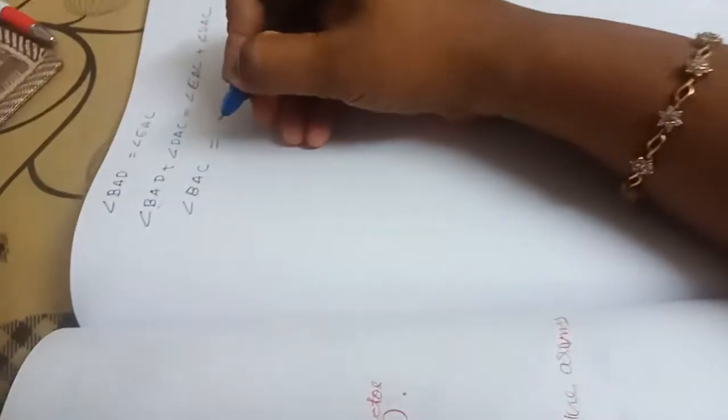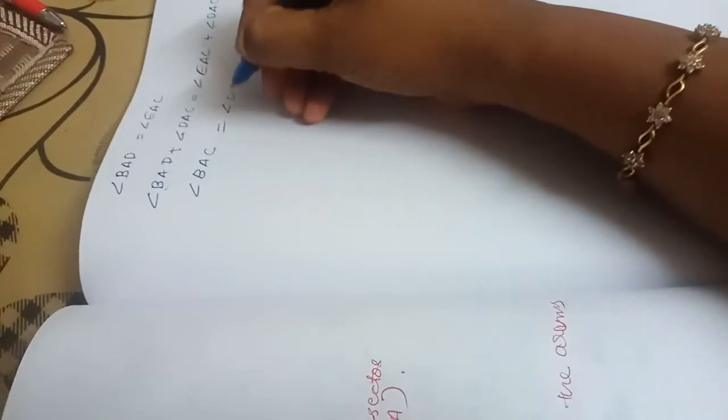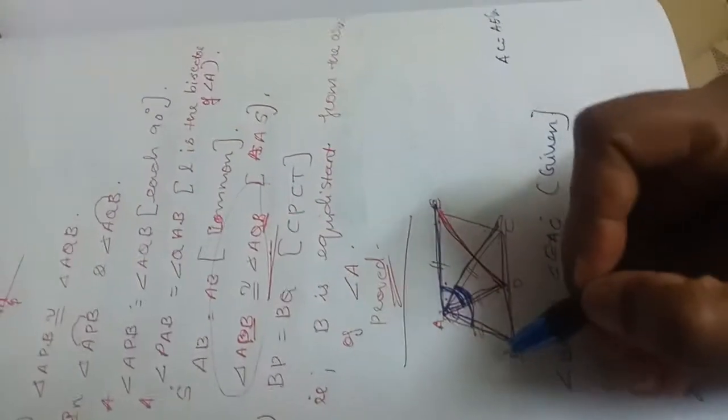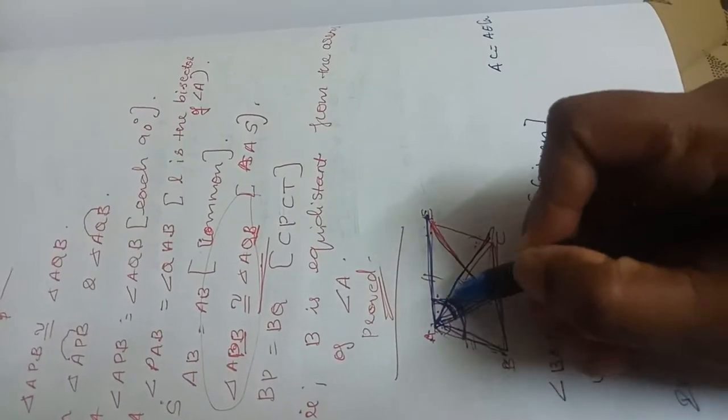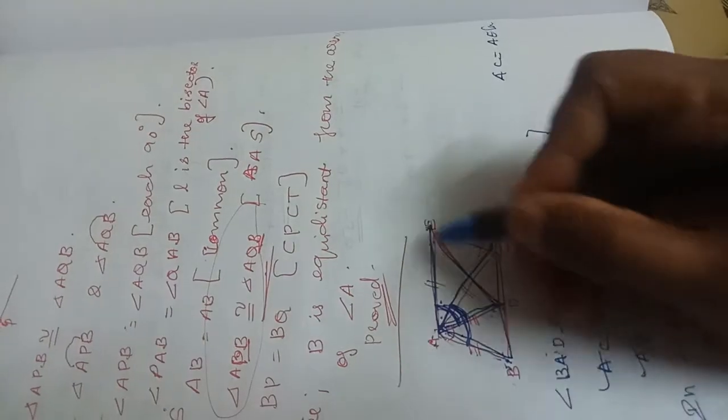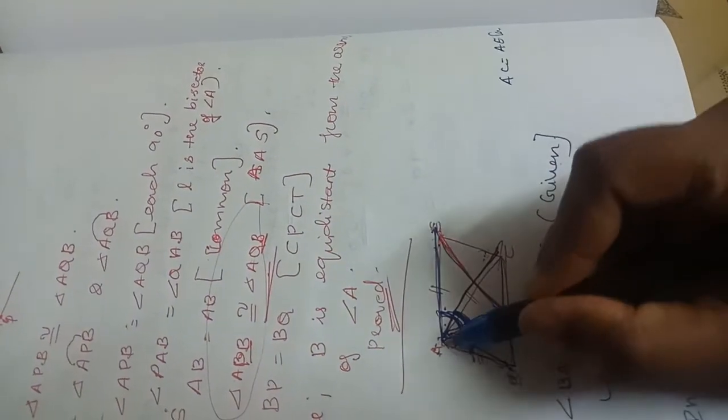So I am writing here angle DAE. If I add the same term on both sides, I get angle BAC is equal to angle DAE. Angle BAC is in triangle ABC, and angle DAE is in triangle ADE.